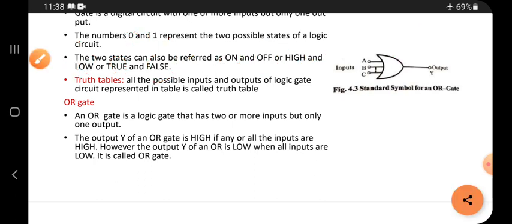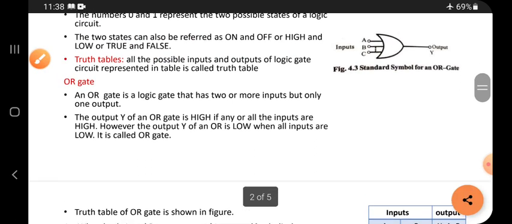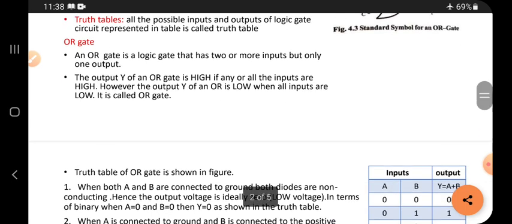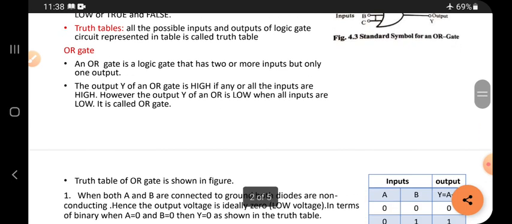Depending upon the case, 1 is on, high or true, and 0 is off, low or false.